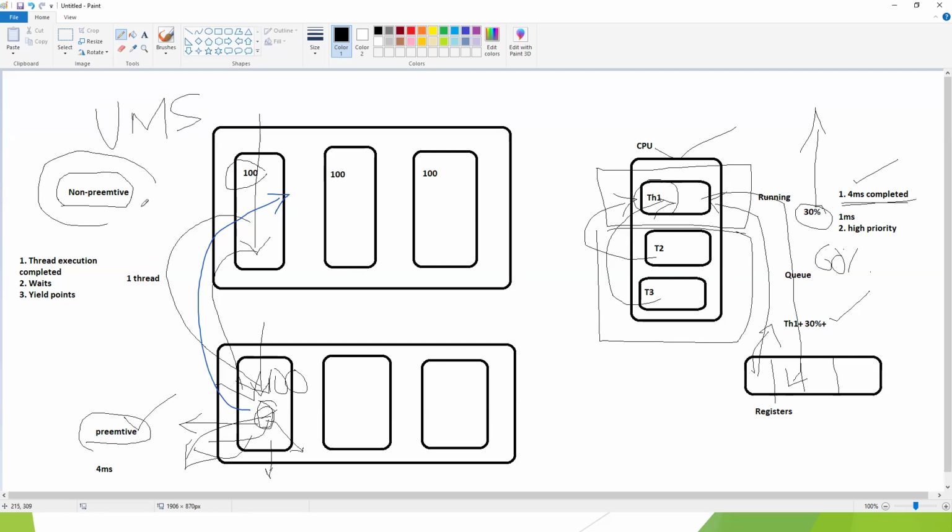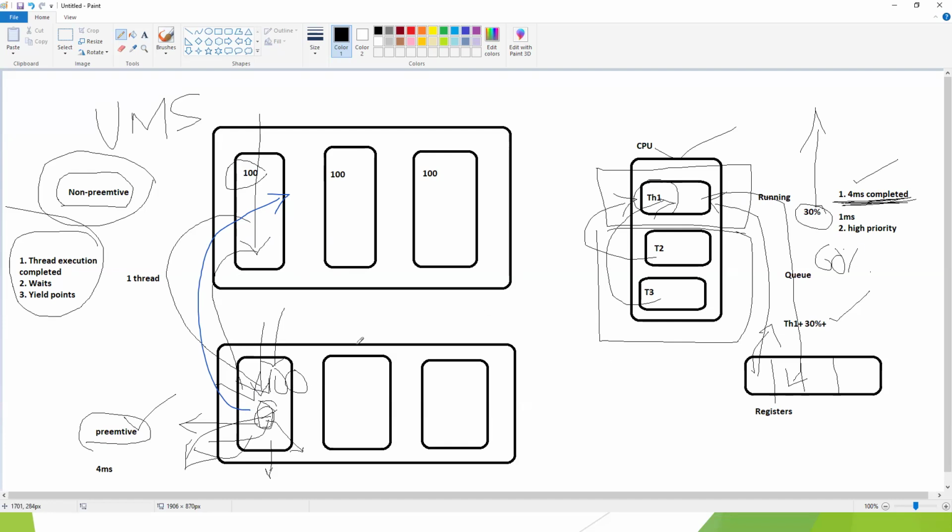Now, why do I call it a user mode scheduler? Unless these points are met, the thread will not come out of the CPU. Here, 4 milliseconds still applies at the Windows layer. But what we are controlling here is the thread scheduling. Earlier, we spawned all 100 threads, so all 100 threads were in the queue.